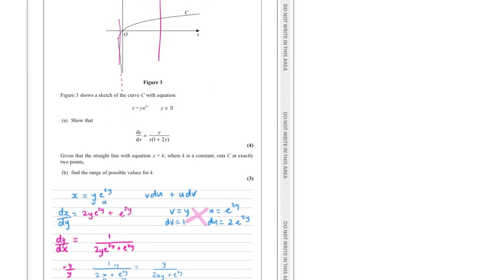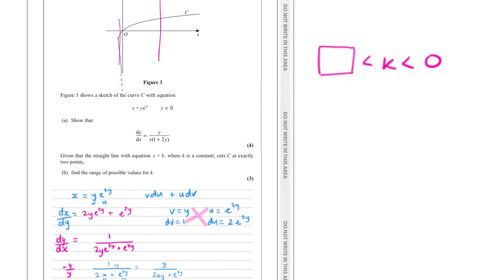Right then, so what do we need to do? Okay, so we know for sure that k is definitely negative. So we could say k is less than 0. What we need to find is this part here. So we also need to look at where this asymptote is.